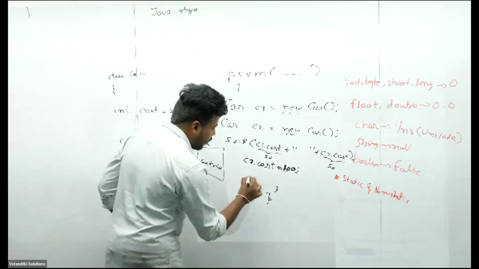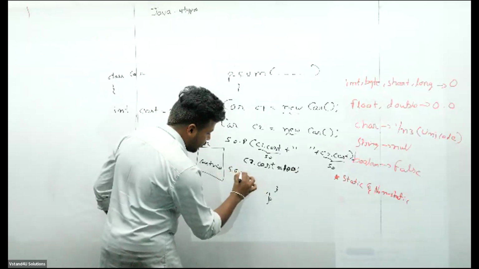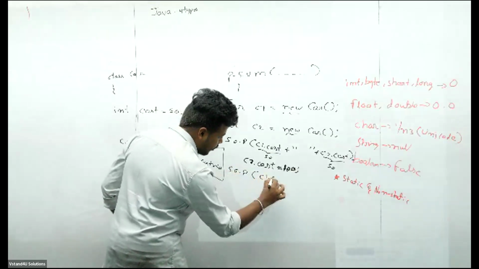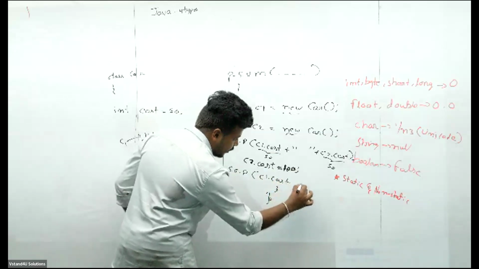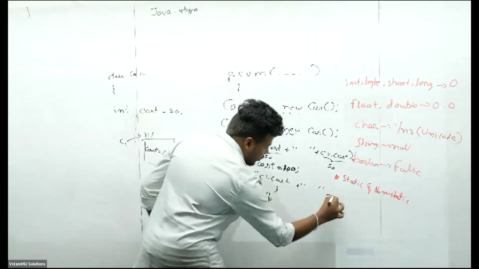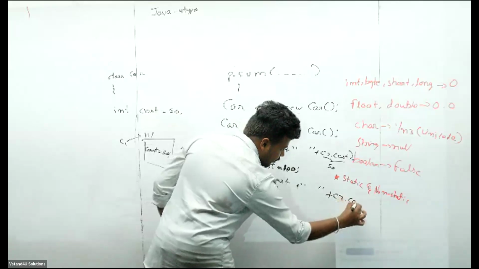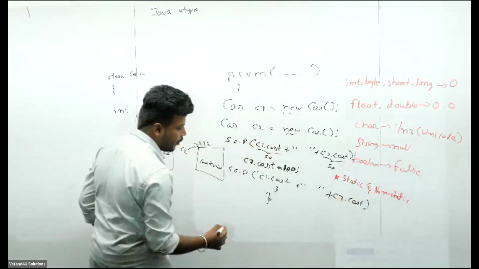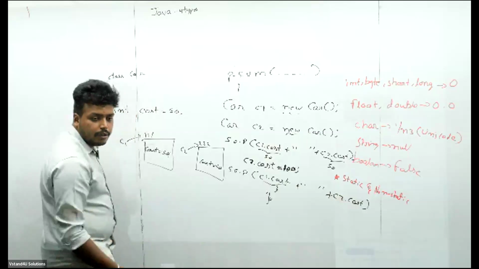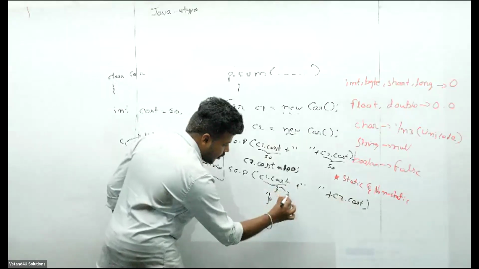Now what will be the output if I run C1 dot cost plus C2 dot cost? What will be the C1 output? 50. What about C2?